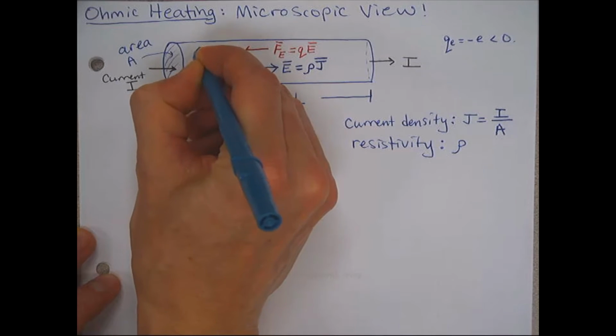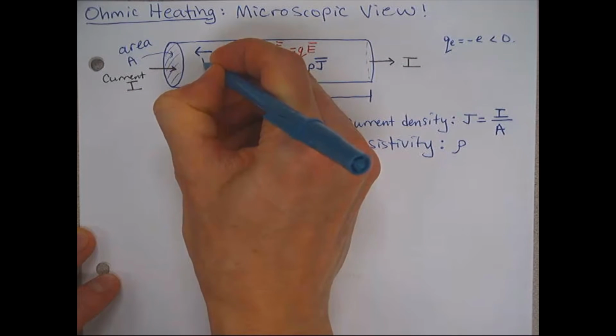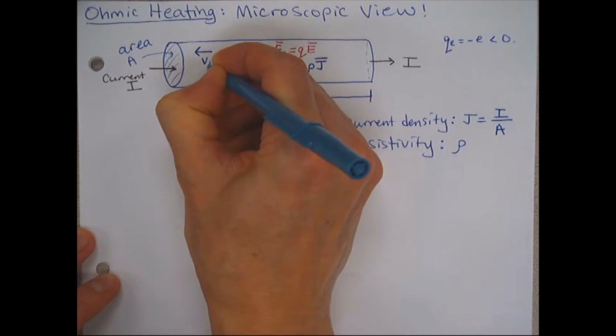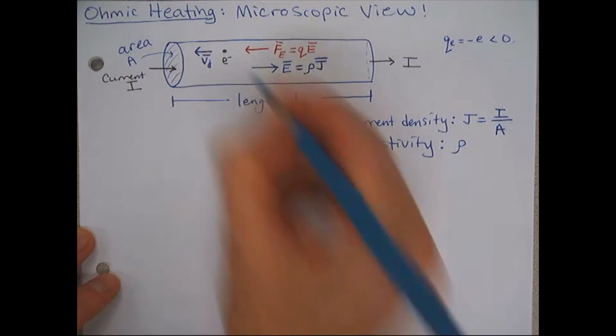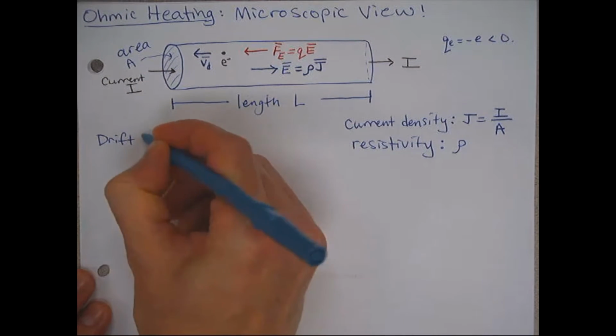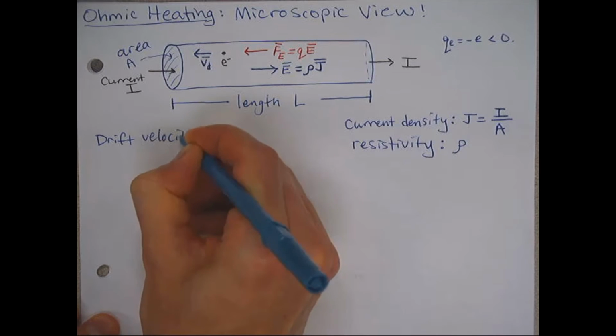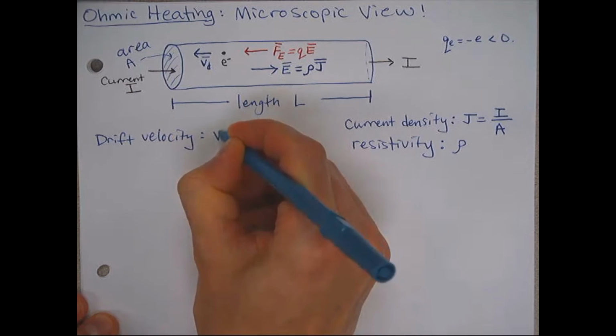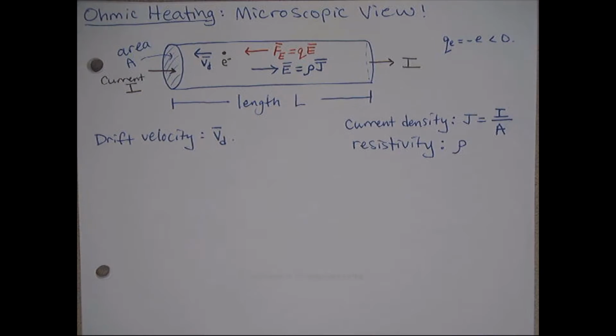So we can add that drift velocity, Vd vector. Have we defined everything we need? Yes.